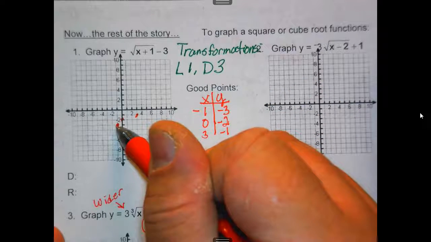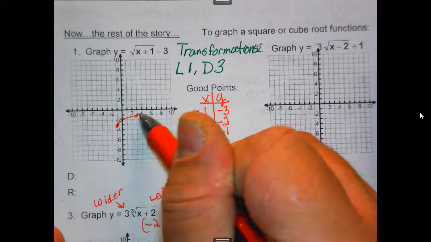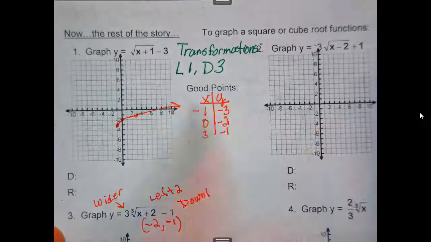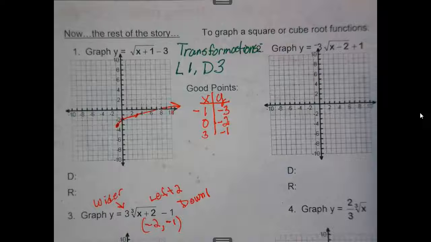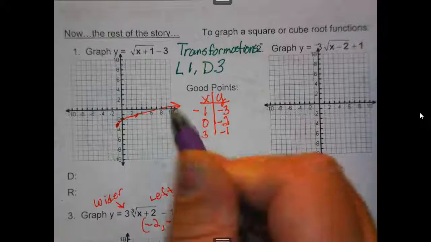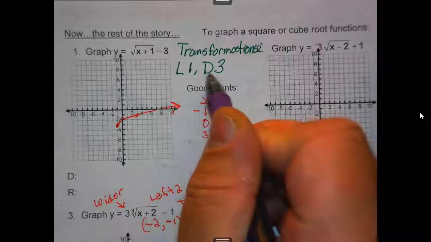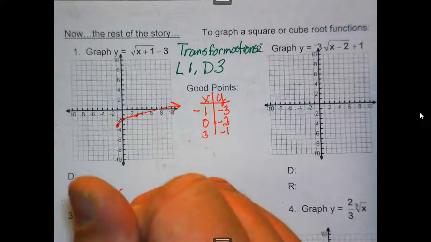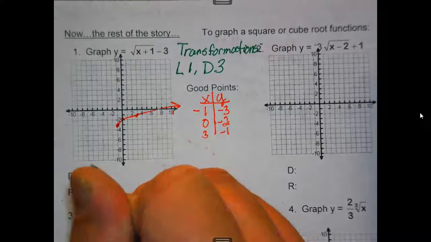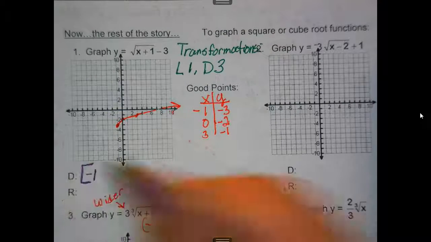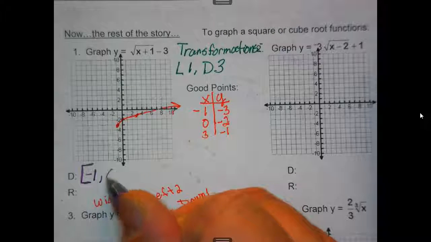So it starts here and goes that way. What's our domain? This is square root function, so it's going to be our h, which is -1, includes -1, and it's going to go to positive infinity.